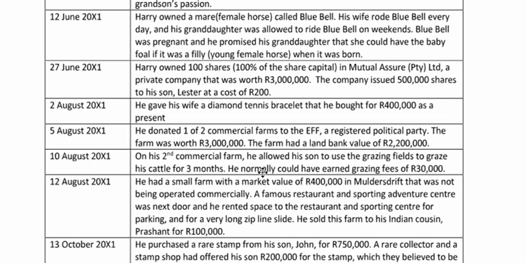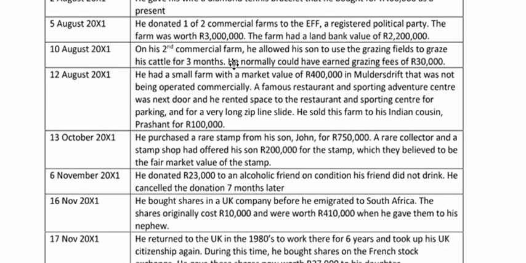Going on. It says he donated one of two commercial farms to the EFF, a registered political party. The farm was worth 3 million. The farm had a land bank value of 2.2. It's a commercial farm. There's special rules for commercial farms. When you donate them, you only value them at 70% of market value. Which market value are we going to use? The actual market value, the 3 million, not the land bank value.